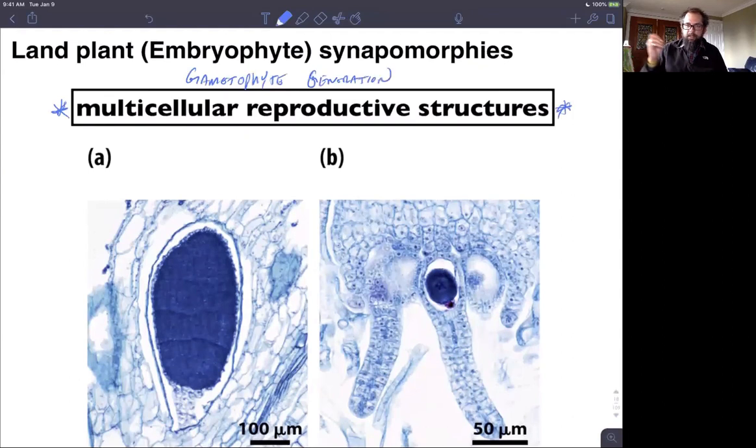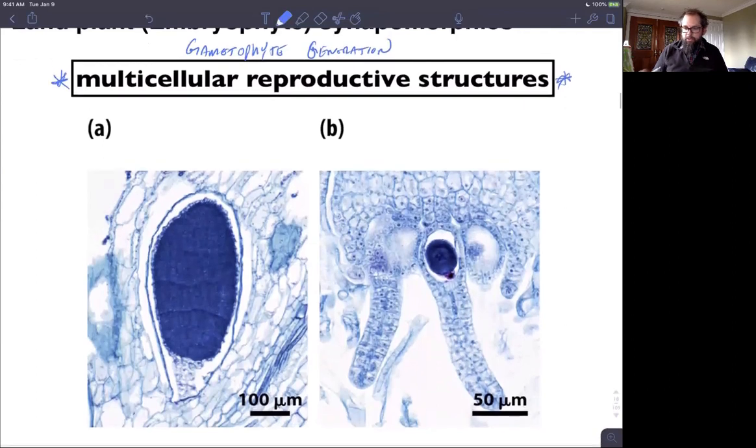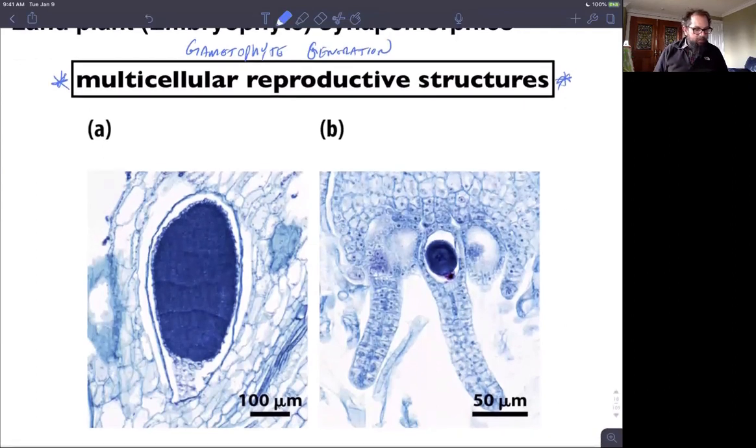What I have pictured here are two different multicellular reproductive structures, one for the male side and one for the female side.